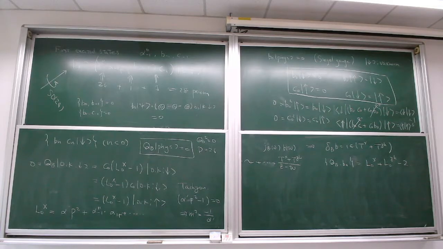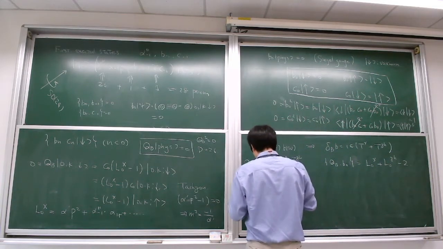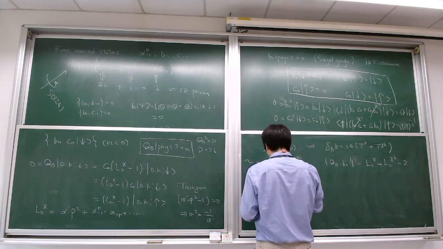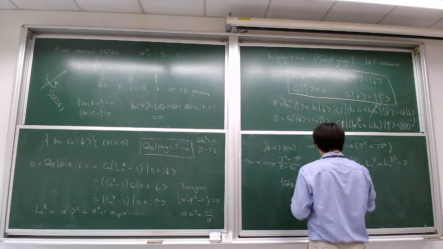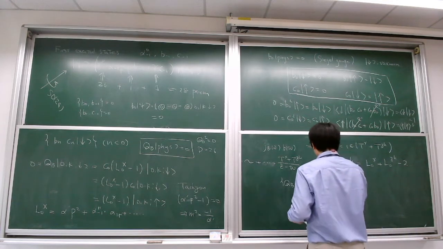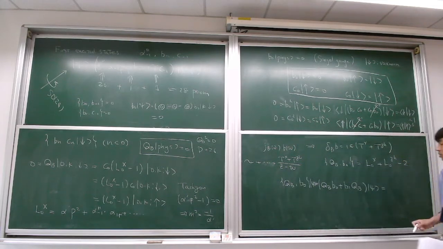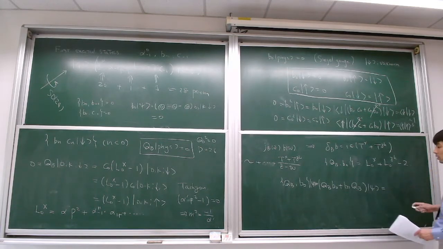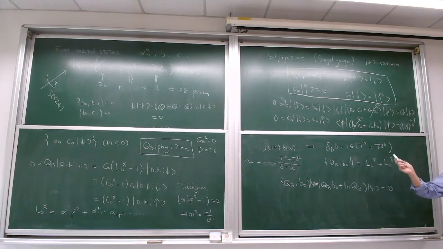So by using this one, one can deduce that for a physical state, QB and B naught, that is QB B naught plus B naught QB, acts on the physical state psi. The physical state psi is annihilated by QB and by B naught, so therefore this should be equal to 0. Am I making a mistake around here? Did I make a mistake?